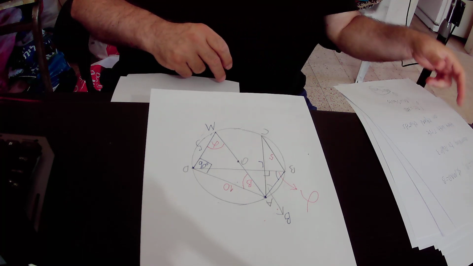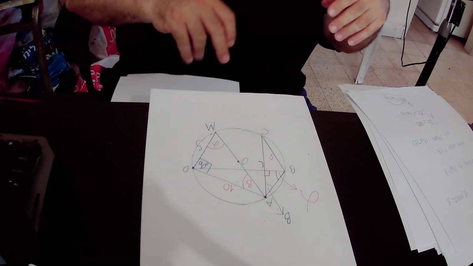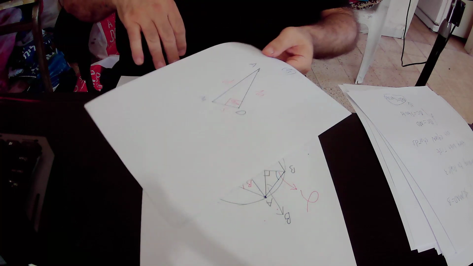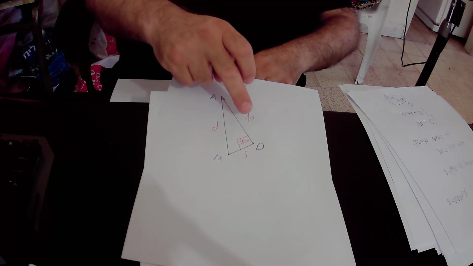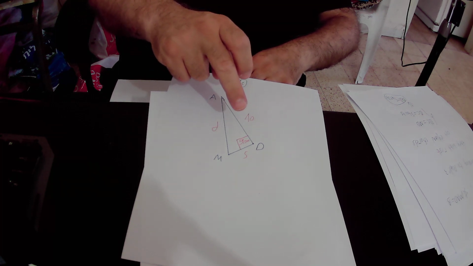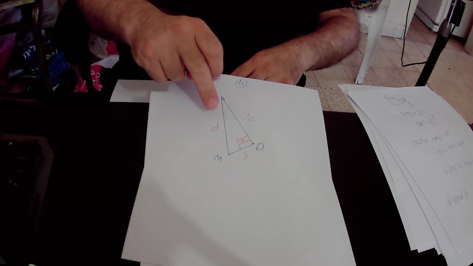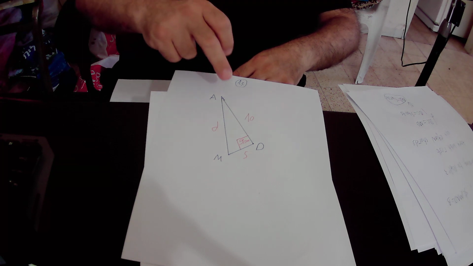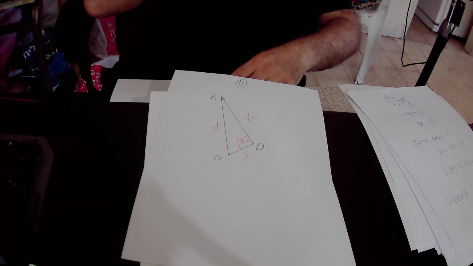Now we have the right triangle AMD. We will draw it again. Side AD of the right triangle equals 10 units, side MD equals 5 units, and AM is the diameter of the circle, so we mark it as D, the abbreviation for diameter.